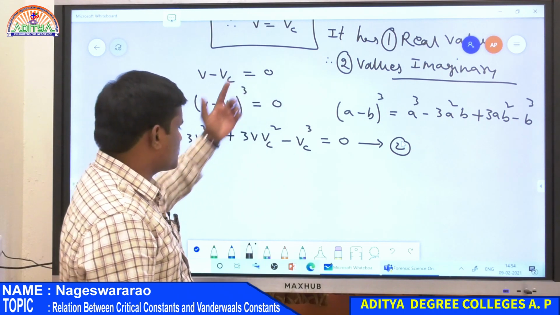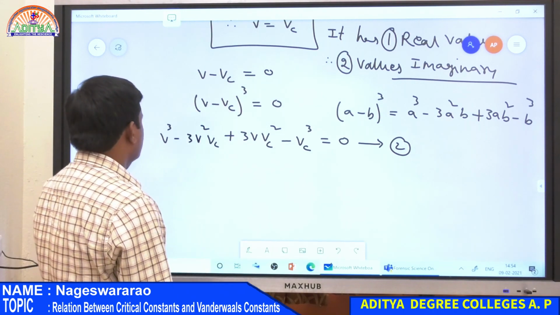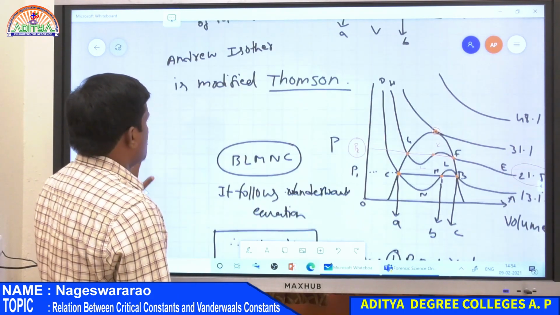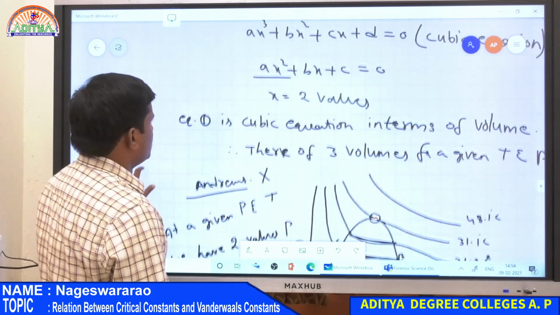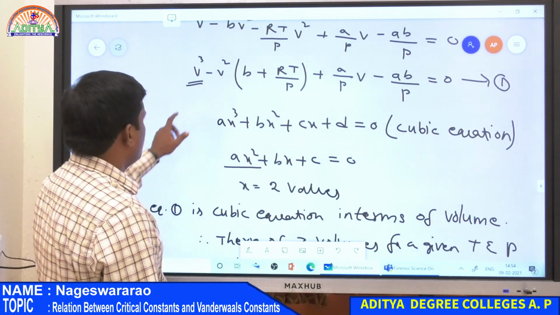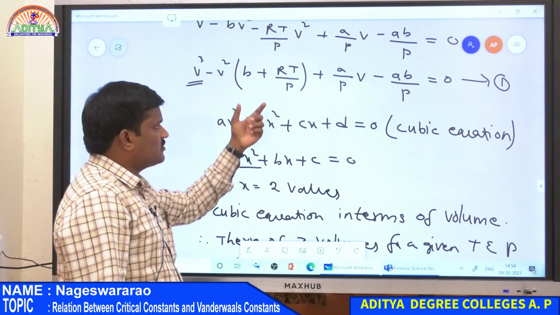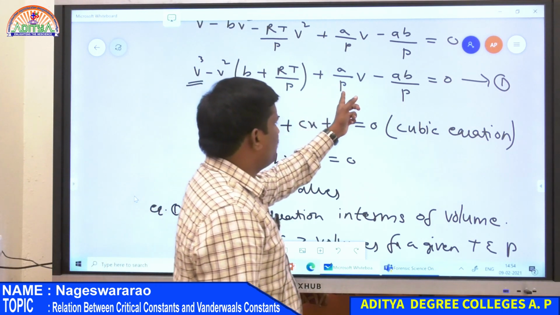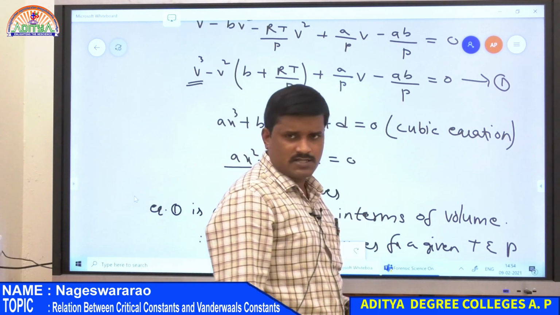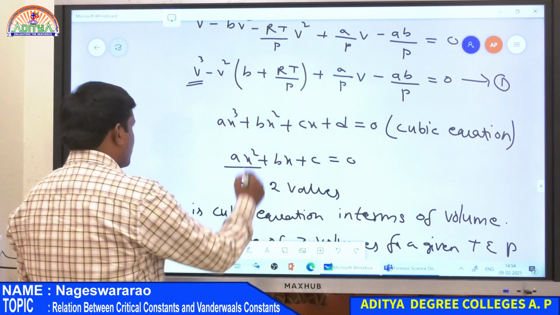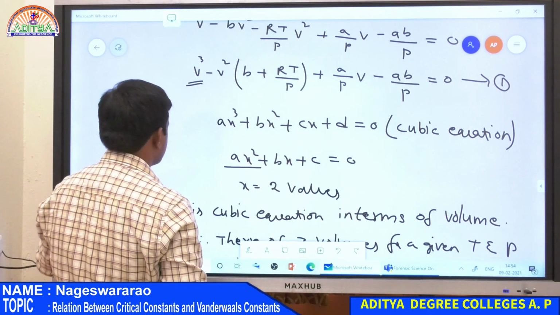You also have equation 1. So what is equation 1? This is our equation 1: V cube minus V square into some term, plus a term with V, and a constant term. So similarly, from equation 1 and 2, again write equation 1 here.